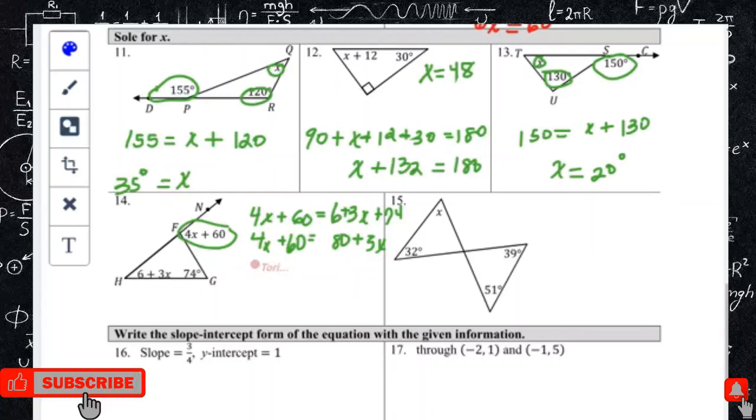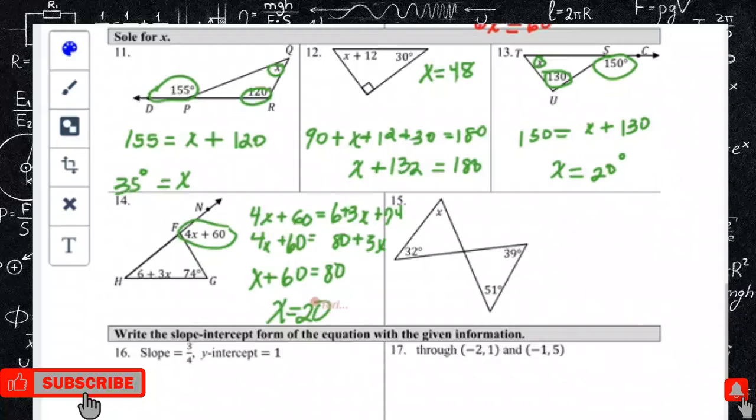So subtracting 3x gives me x. No, I do not write 1x. I cannot do it. I am highly skilled. Highly skilled mathematicians, we do not write ones, okay? So x plus 60 equals 80. Subtracting 60, x is 20 for number 14, okay?